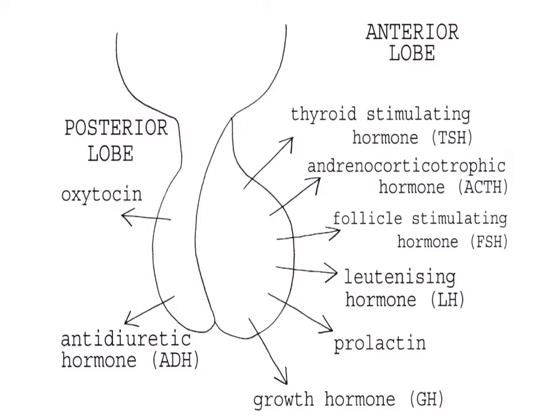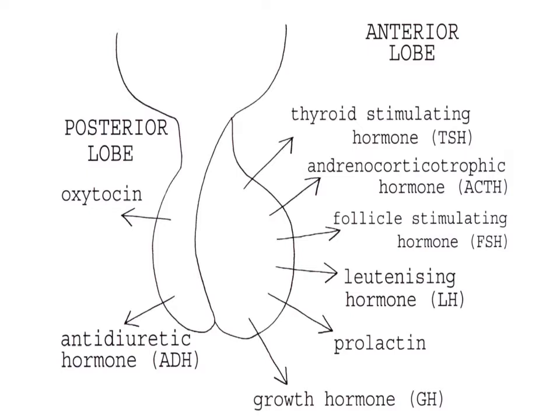ACTH. So this stimulates the release of hormones from the adrenal cortex, both hydrocortisone, sometimes called cortisol, and another one called corticosterone. And these are steroid type hormones, which are collectively called the glucocorticoids.